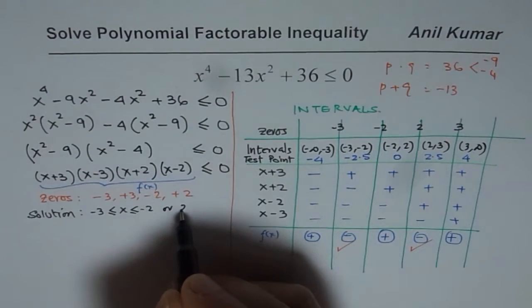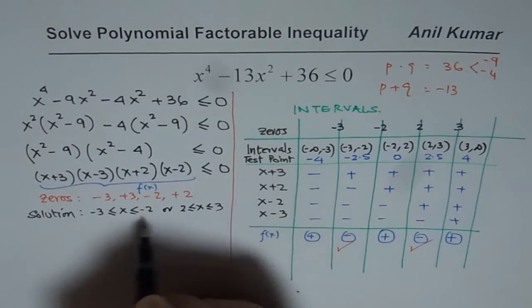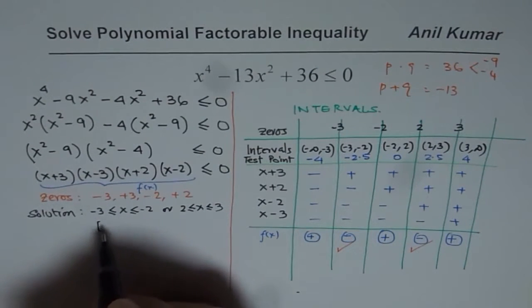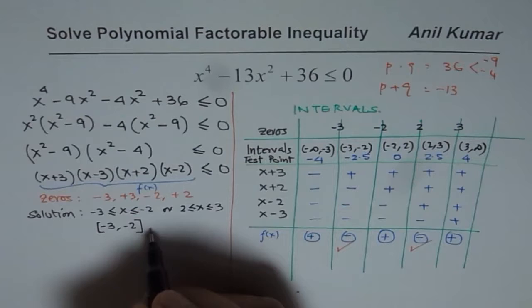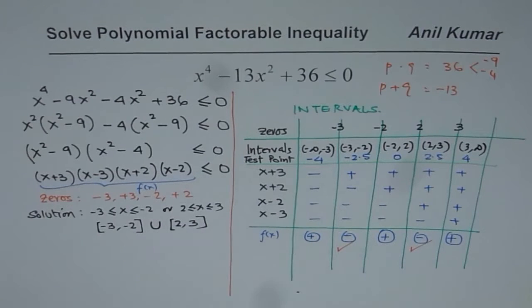So between 2 and 3. There are different ways of writing this. You could write like this. You could also write square brackets, which means including, right? Minus 3, minus 2. So you include the whole interval, including the zeros, union, instead of or, you can say, and then between 2 and 3. Correct? So that becomes the solution.